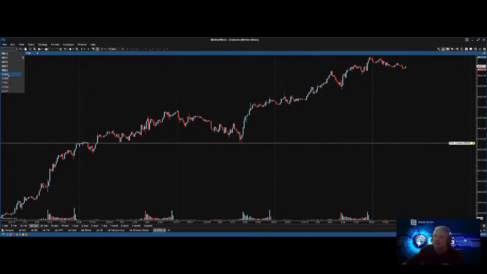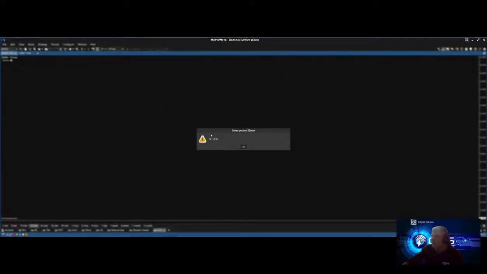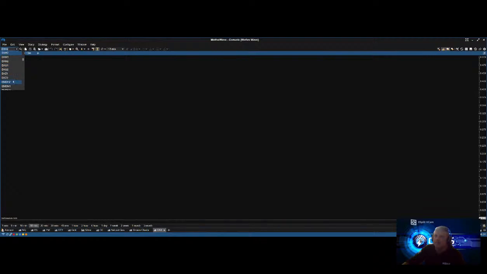Let's see here, A, B, C, D, DX. All right, so maybe it's DX. I wonder if you have to have a certain... oh, there it is right there, FDAX. All right, so Z, B, FDAX, Z1.